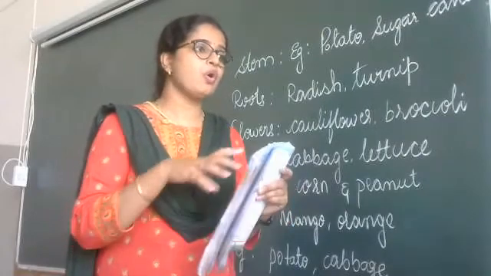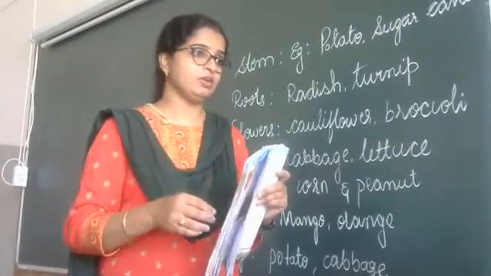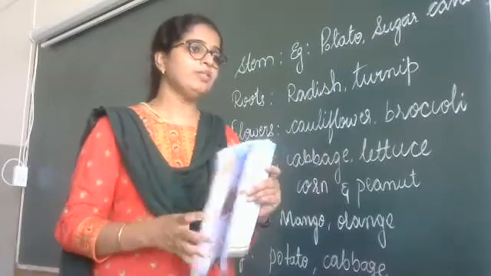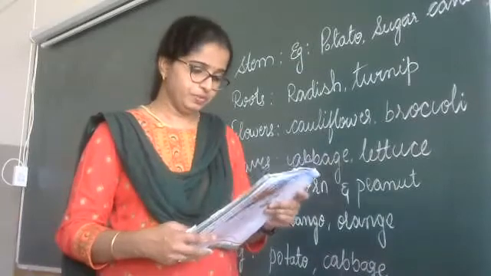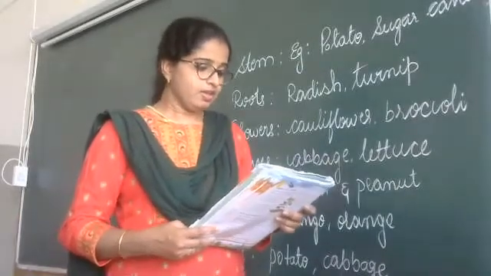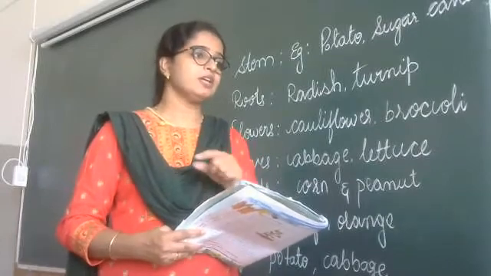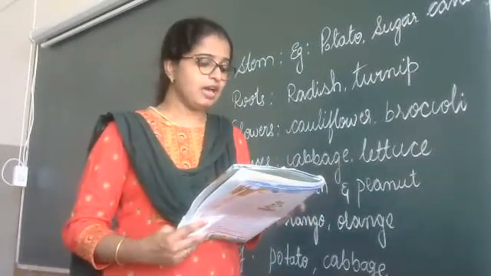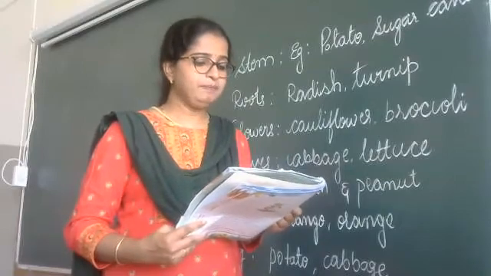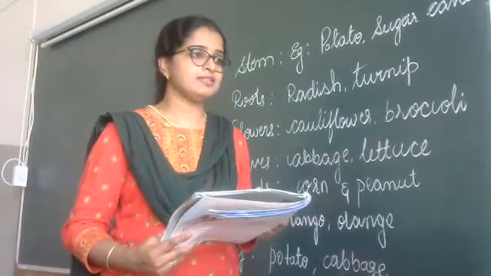We use all these spices when we prepare biryanis and all. We put all these spices to get extra flavor in our food. Cloves, cardamom, cinnamon and black pepper are used as spices.